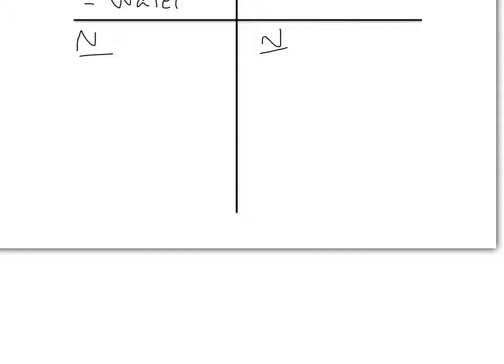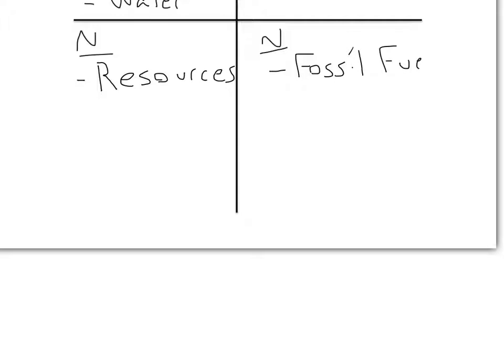But when we look at the needs and wants of our country, mostly we think about the things that our country needs to function. The first thing our country needs is resources. A resource could be a natural resource, like wood, things like that. However, on the other hand, it would be a national want to use what we call fossil fuel resources.